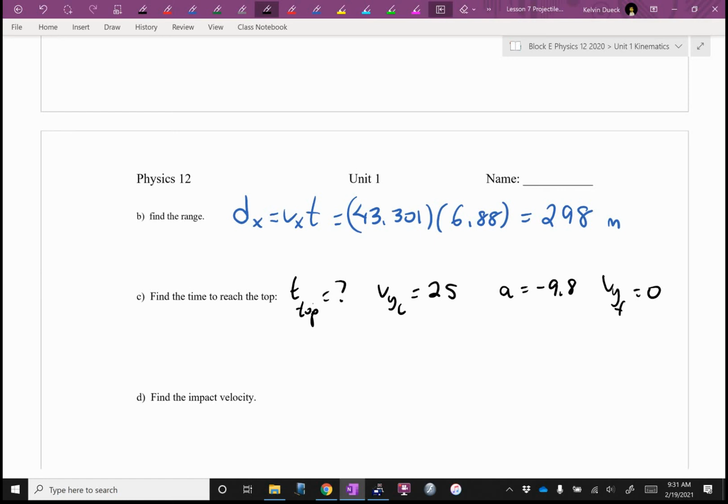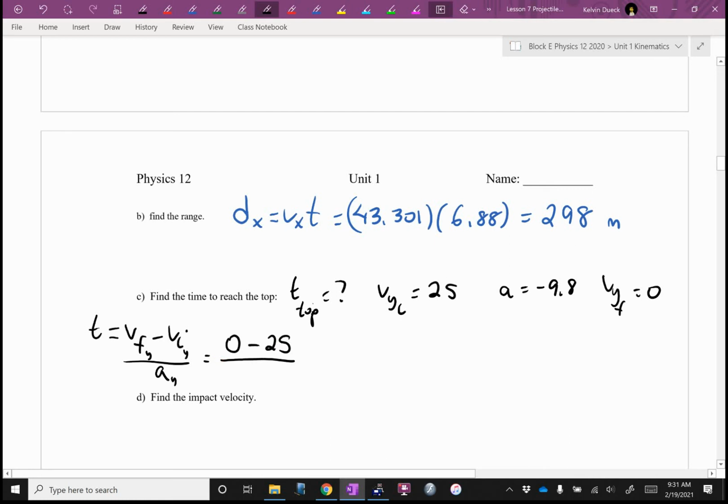Get the T by itself. It's going to be T equals Vf minus Vi over A. Make sure all of those are vertical values. So if you wanted to, you could put a Y there, a Y there, and a Y there just to remind you. It's going to be 0 minus 25 divided by negative 9.8.